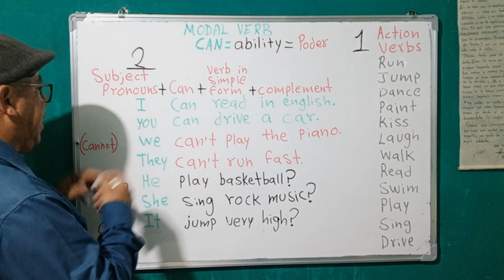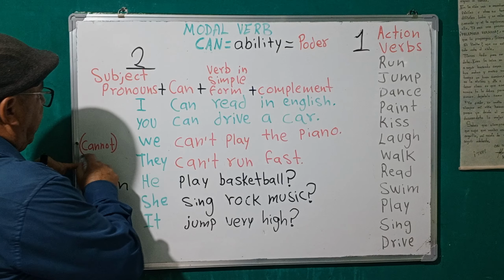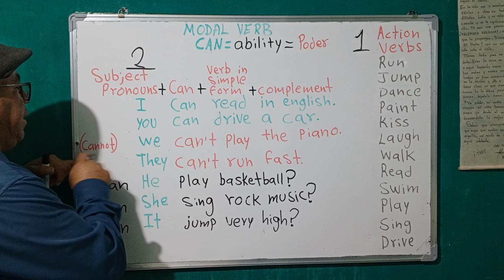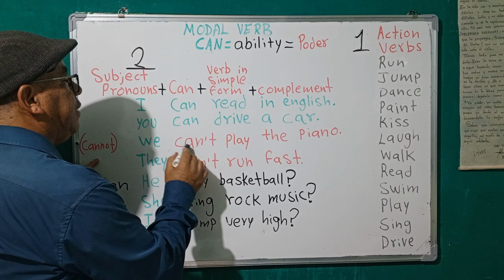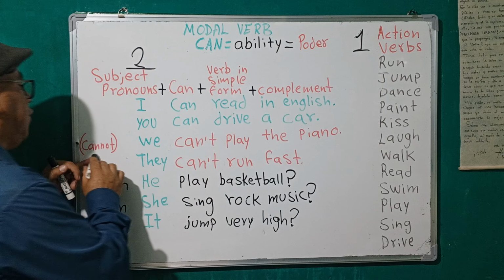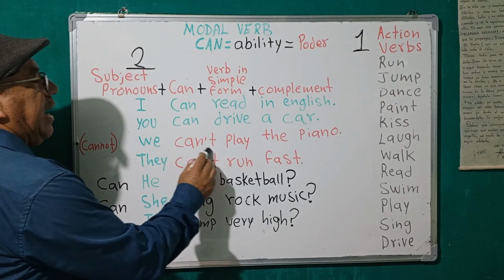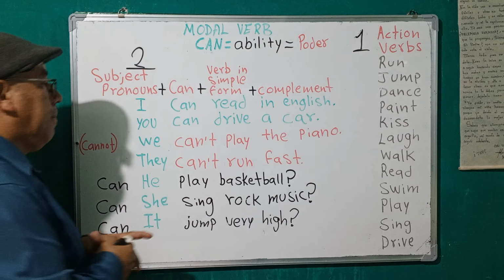I cannot speak Chinese. The complete full form is this one, and the contraction is like this: can't. The contraction for cannot is can't. So I can't speak Chinese. And you write the first example.